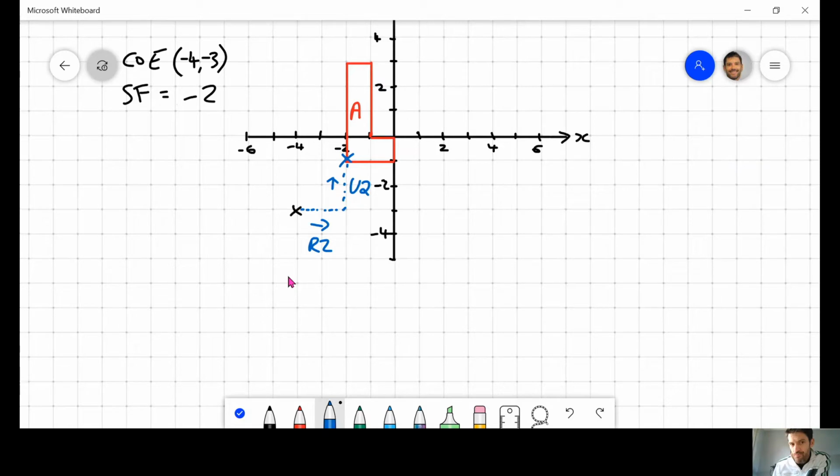First of all, think about the scale factor 2, and then think about the fact that it's negative. So this right 2 bit is going to send us left instead of right because it's negative, and double, so 4, because it's a scale factor of 2. So we'll go left 4, and we'll go down 4, D4.